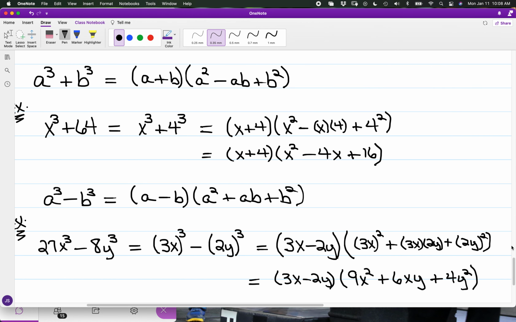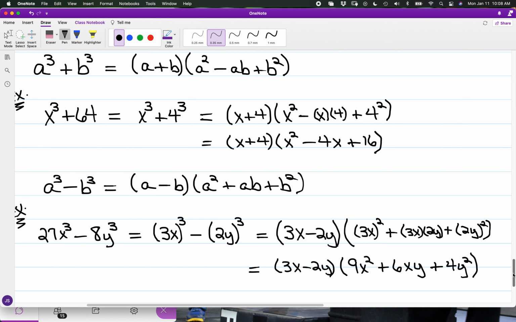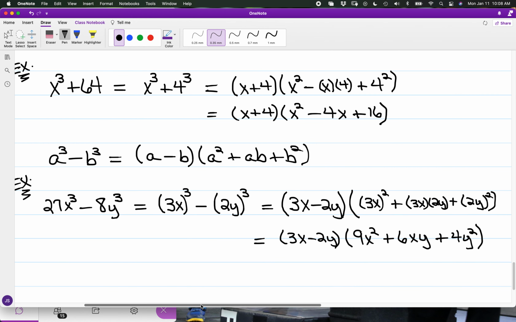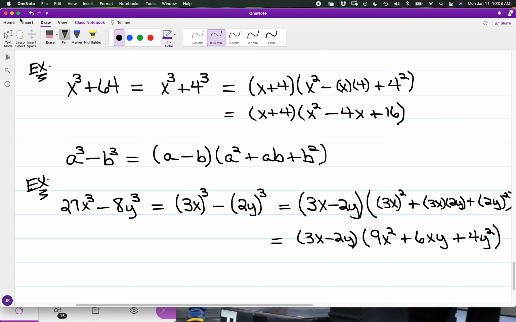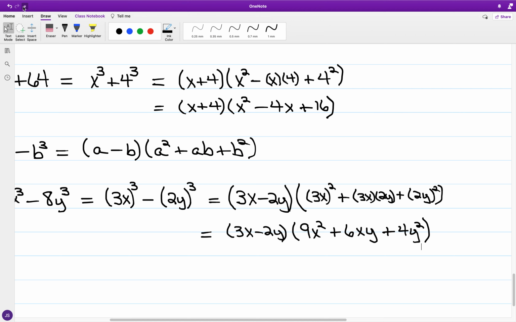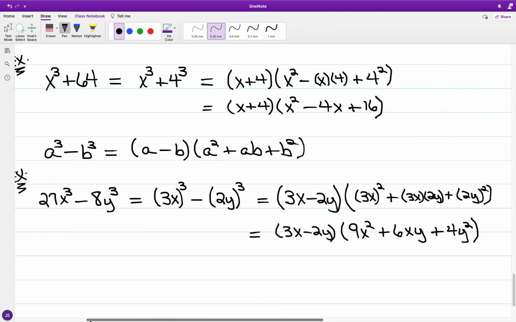All right. And now, for what we have in 102 and 106, okay, so we do have sums and differences of cubes. And for 102, okay, we have with the sum of cubes.